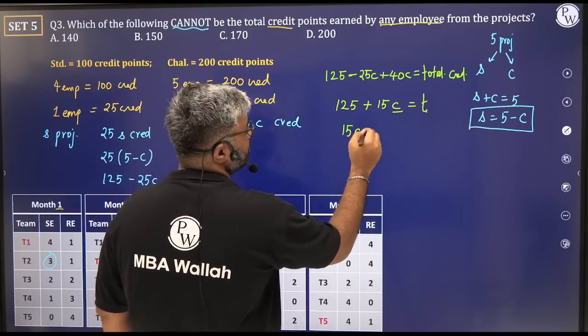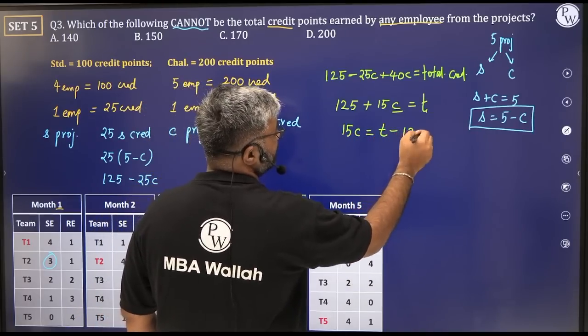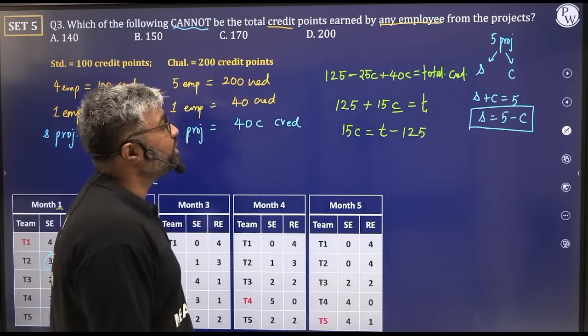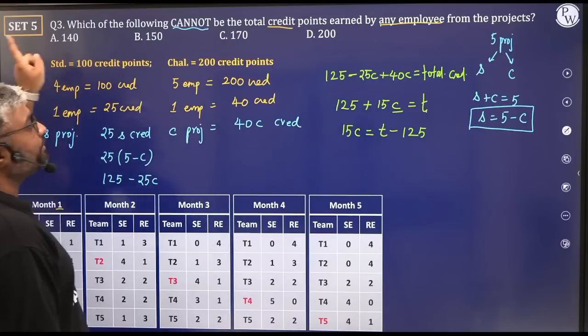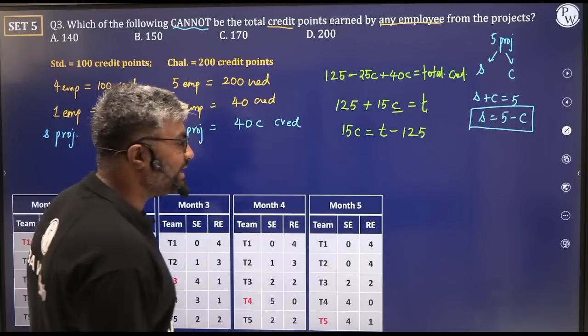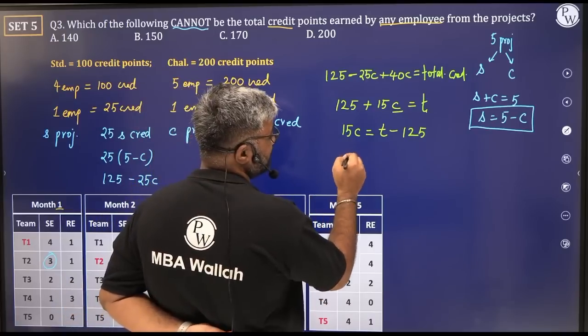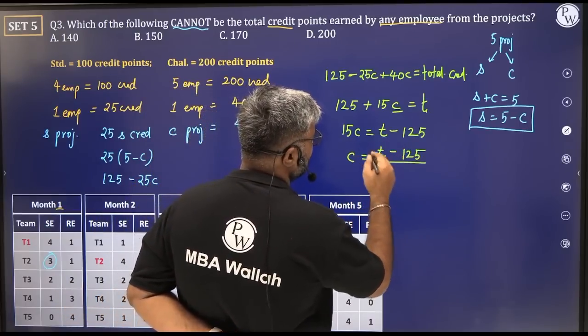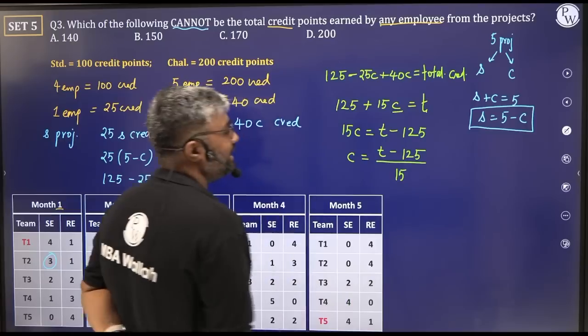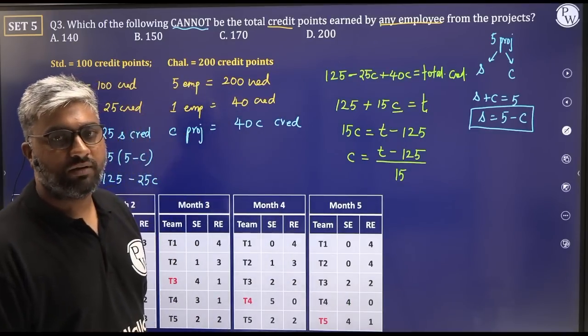15C should be equal to T minus 125. So one thing is for sure, that T has to be greater than or equal to 125. If you have any option that is less than 125, you can erase it off, okay? Or C must be T minus 125 divided by 15.